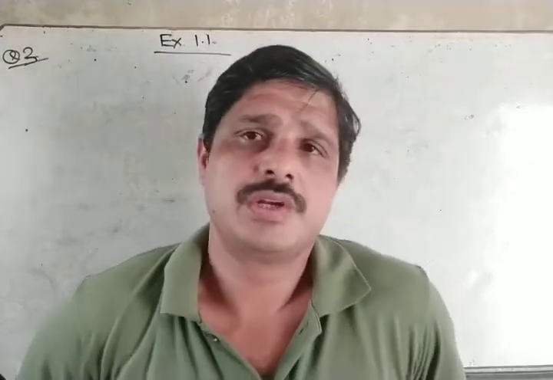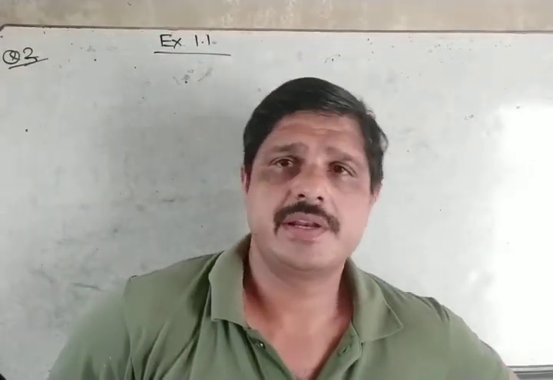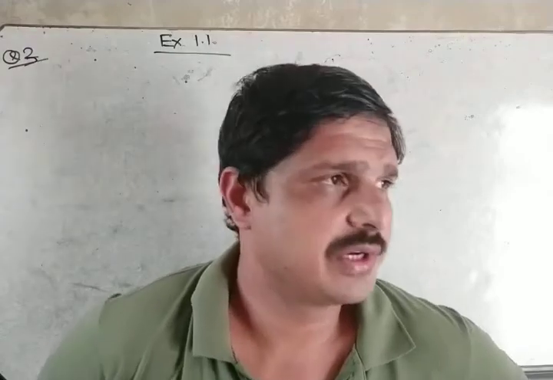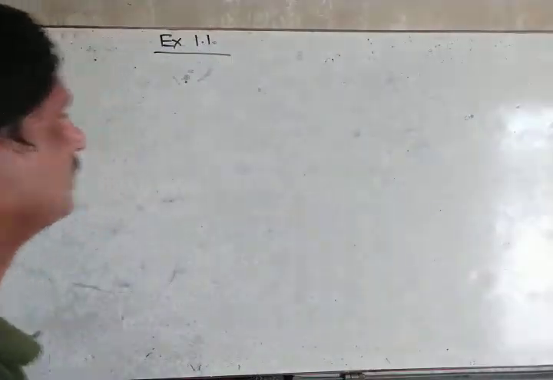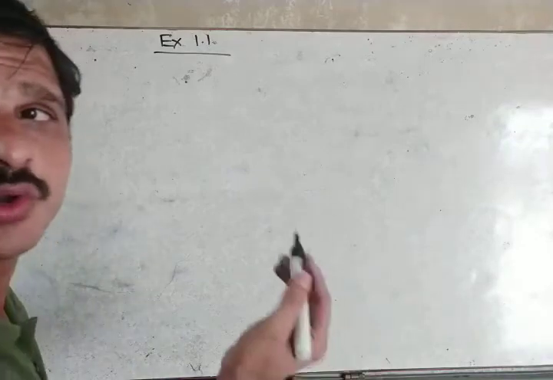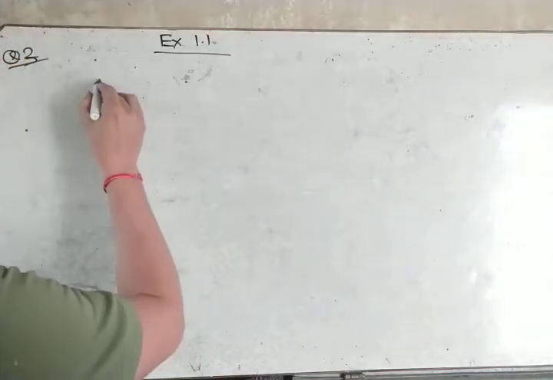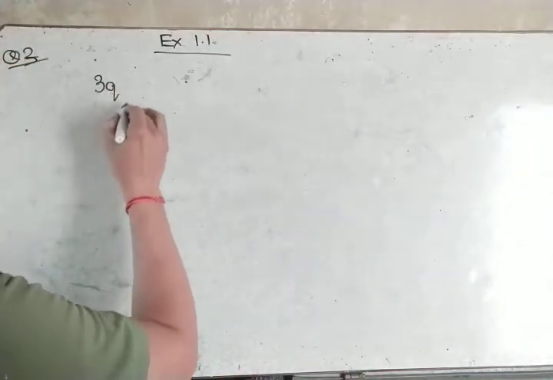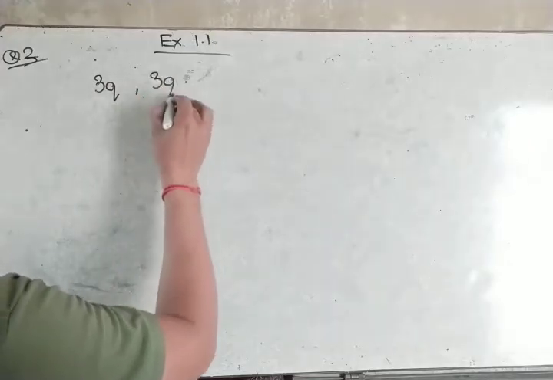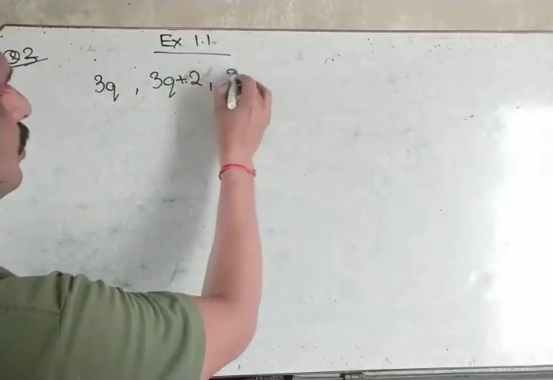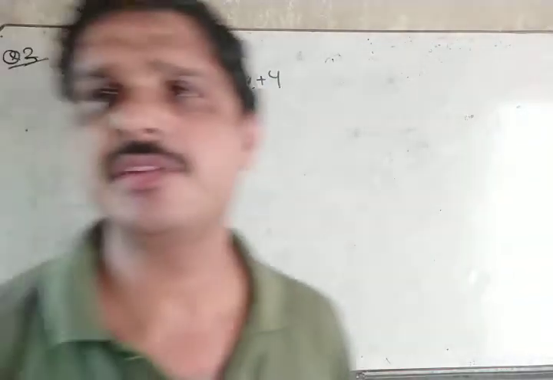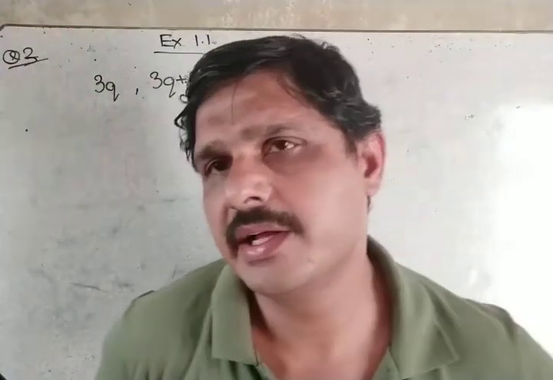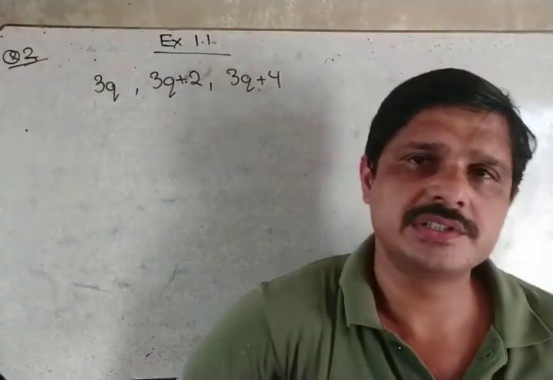So the next question is again based on Euclid division lemma. You need to prove that the square of any number is of the type 3q plus 2 or 3q plus 4.